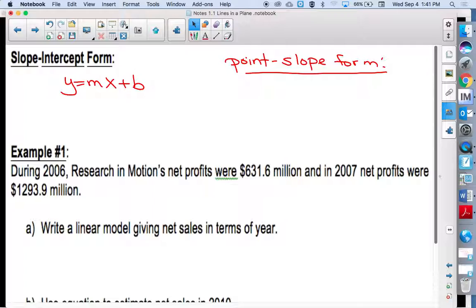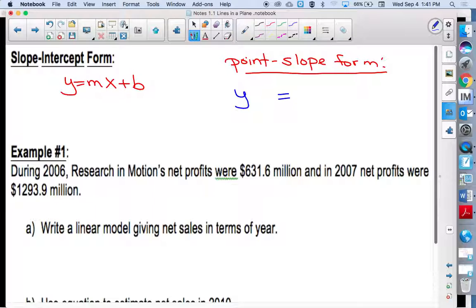But point-slope form can be used to write equations pretty easily. Does anybody remember what point-slope form is? This is the one I actually prefer if I'm writing an equation. Kevin, do you remember? Is it y2 minus y1 equals m times x2 minus x1? You're so close. Like super, super close. Jacob.